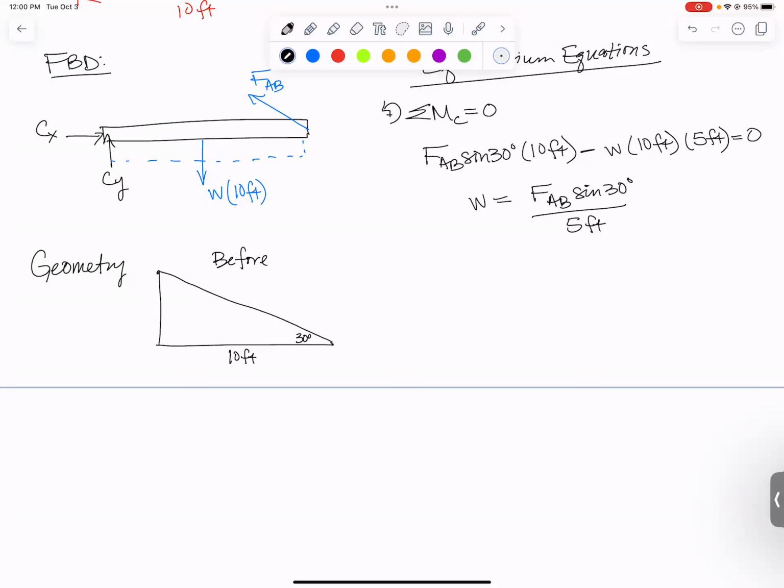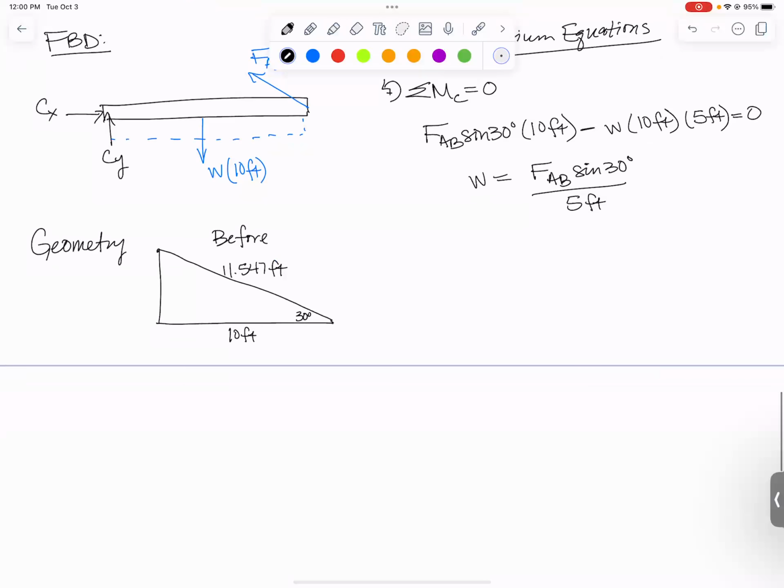So using sines and cosines of 30 degrees, the fact that the hypotenuse isn't 10 feet, it's that side that's 10 feet, I can figure out the hypotenuse and the other side, and they come out to be 11.547 feet, and half of that, which is 5.7735 feet.